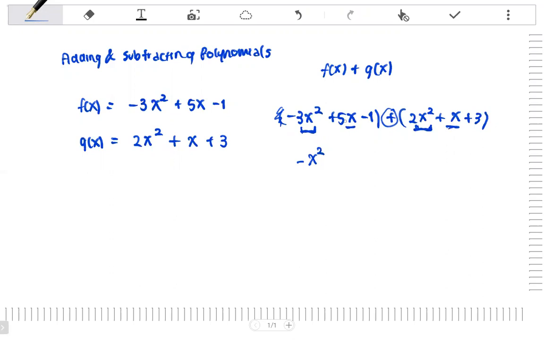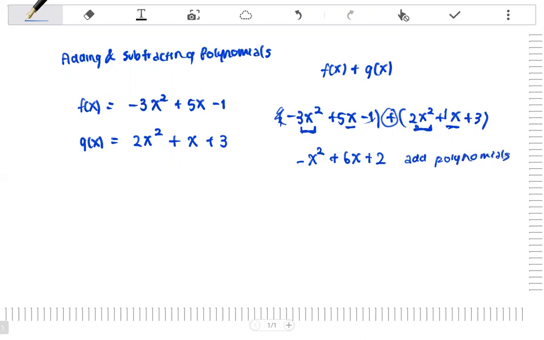So 5 of something plus 1 of something, remember x is just 1x, is going to give us 6x. And we have a 3 here and a -1 here. If we add -1 and 3, we get a +2. That's it. That's how you add polynomials.